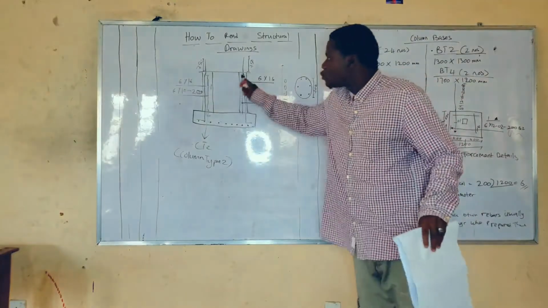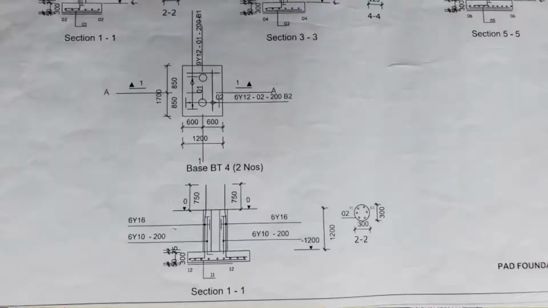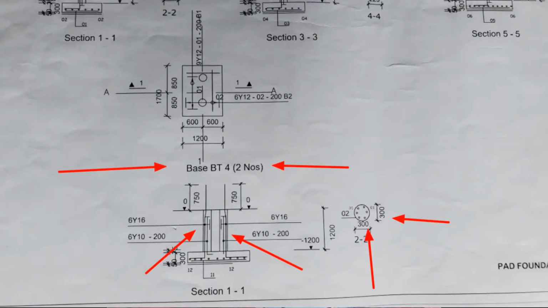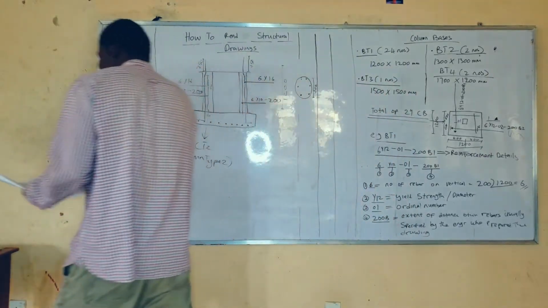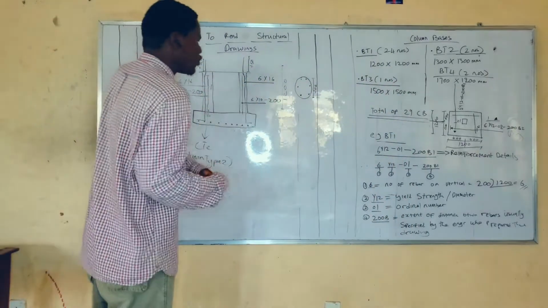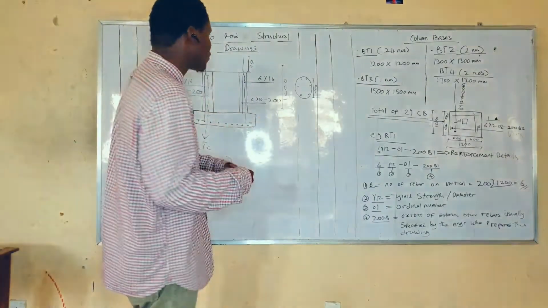This column type 2 will be on base type 4. If you go back, now we are back to our foundation details. On base type 4, you can see there are 2 columns on one column base. So it's just like the others, it's just more cumbersome. It's not even more complex, it's simply more cumbersome.